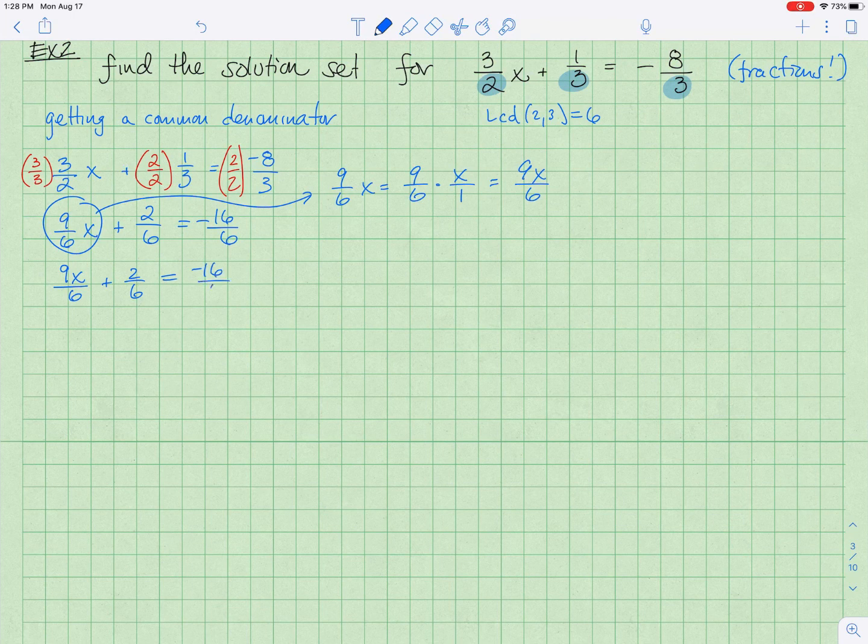Plus 2 over 6 is equal to negative 16 over 6. That allows us to rewrite this with common denominators as 9x plus 2 over 6 is equal to negative 16 over 6.